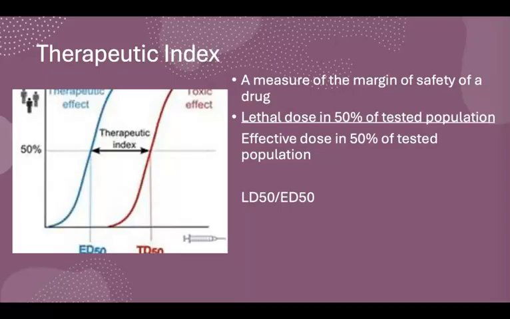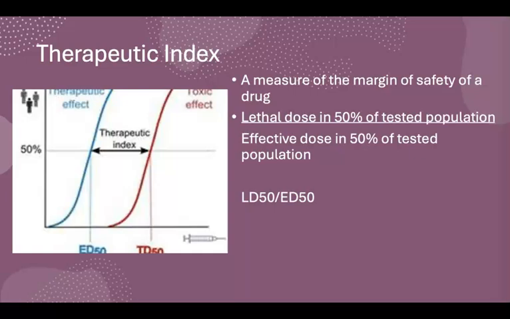We refer to this ratio as the LD50 divided by the ED50. LD being the lethal dose of 50% divided by the effective dose in the 50%.